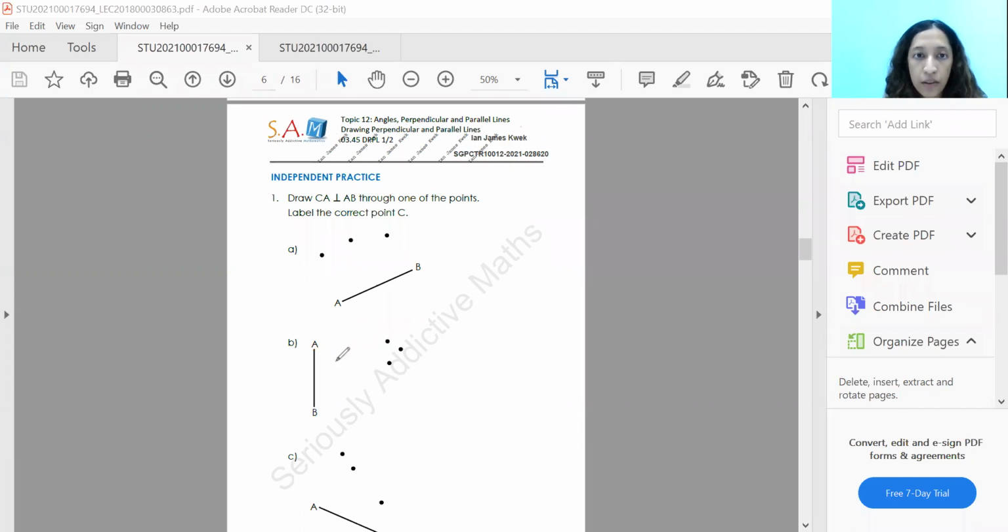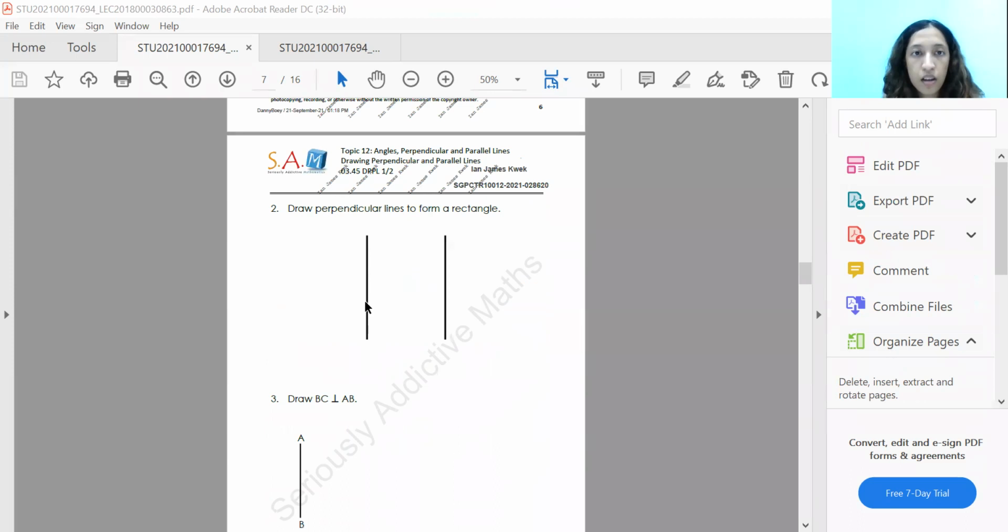Okay, what about the second one? Okay, let us see. The second one, as you can see, is perpendicular. CA is perpendicular to AB. Whereas the third one is definitely wrong. You could put a C over here, but you cannot put your A over here because point A is already given. So the answer is the middle point. All right, so I hope all of you got that correct.